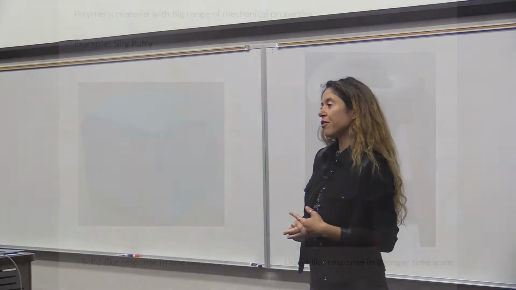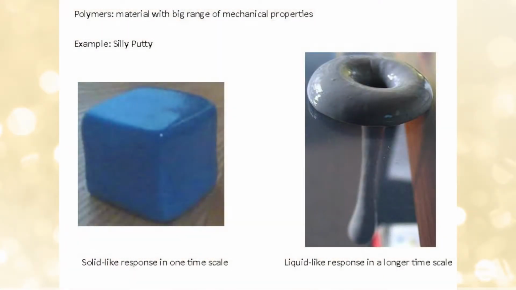So you have polymers we see in everyday life. For example, silly putty is a material that kids play with, and they can make it look like a cube. They leave it on a table. It's like a solid. And then you can go there 2-3 days after, and this has started to melt, or maybe a week, I don't know, and this starts to melt.